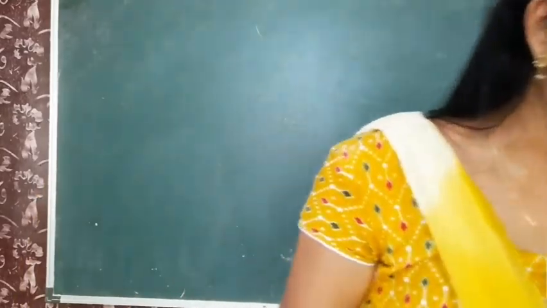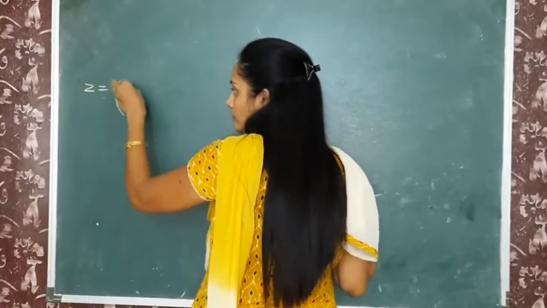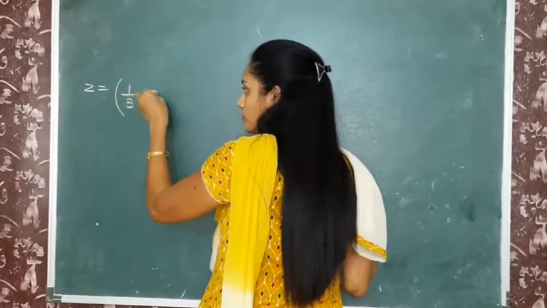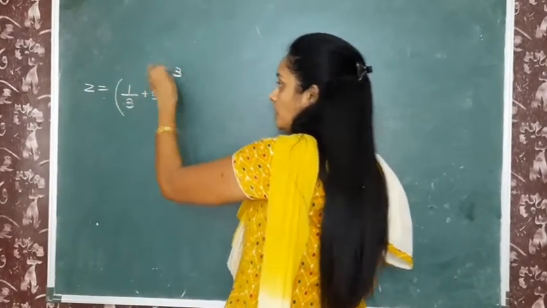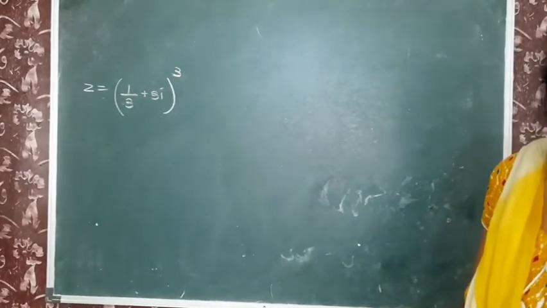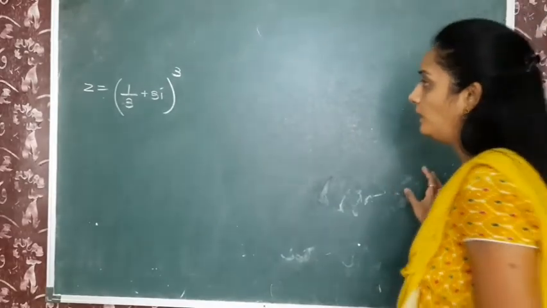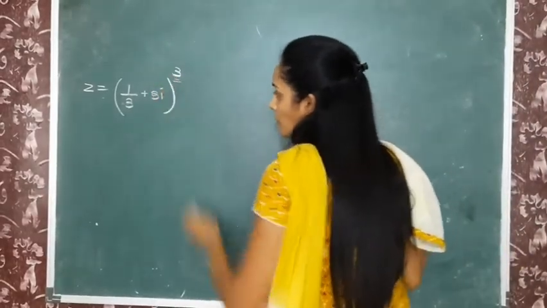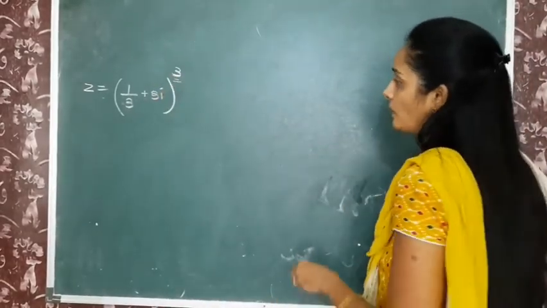Now next sum. Here 1 by 3 plus 3i whole cube. Here we have cube. So we have to use the formula of cube.